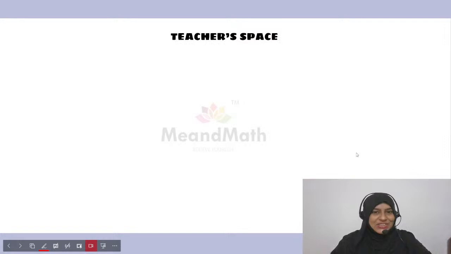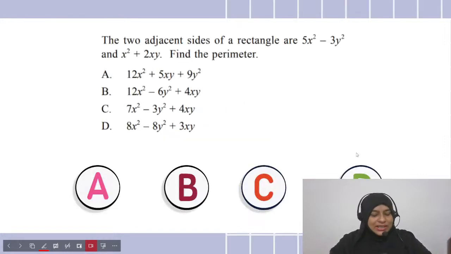Now let's take the next question. Now this is your next question. Try to solve it, all of you. The two adjacent sides of a rectangle are 5x square minus 3y square and x square plus 2xy. We need to find the perimeter.